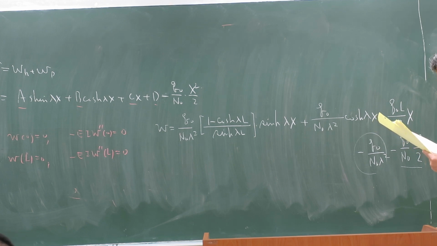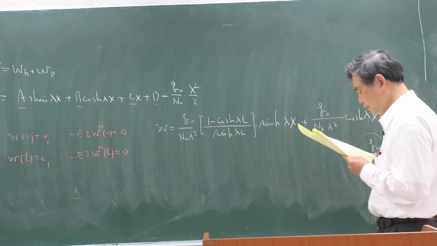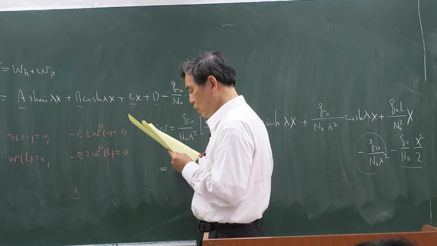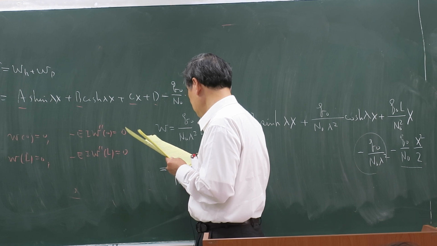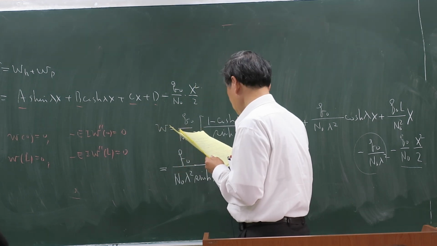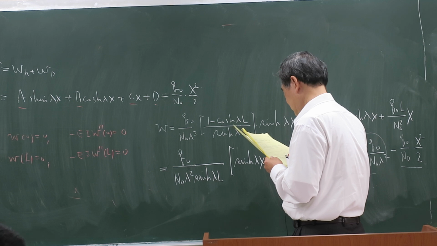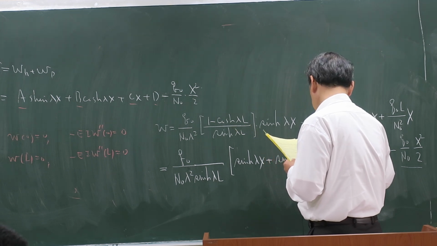Or we can rearrange it as Q0 over N0 lambda squared hypersine lambda L, times the bracket of hypersine lambda x plus hypersine lambda (L minus x).